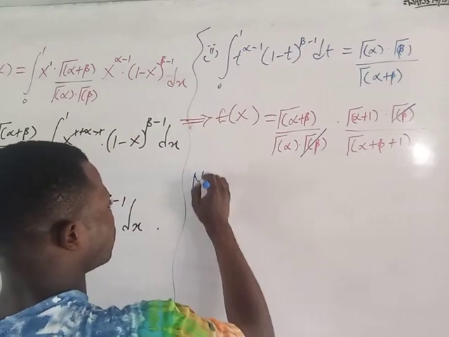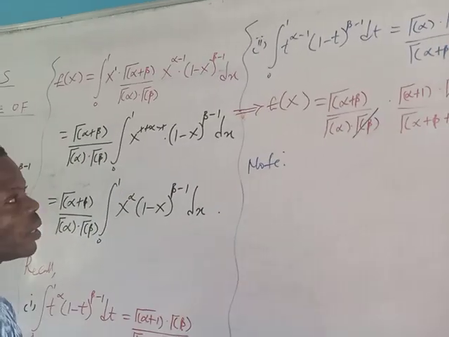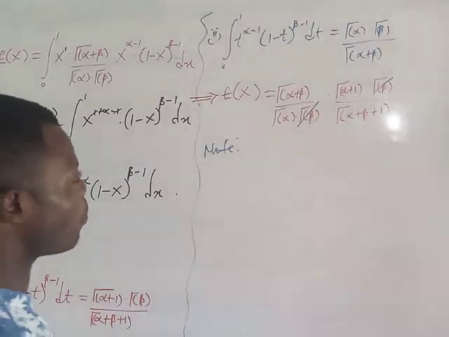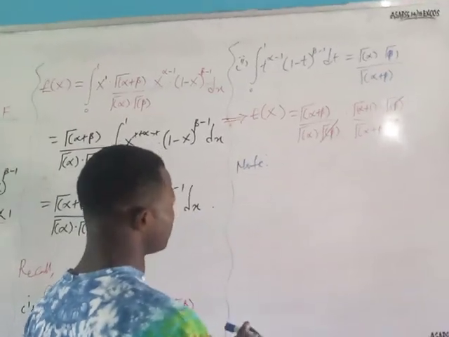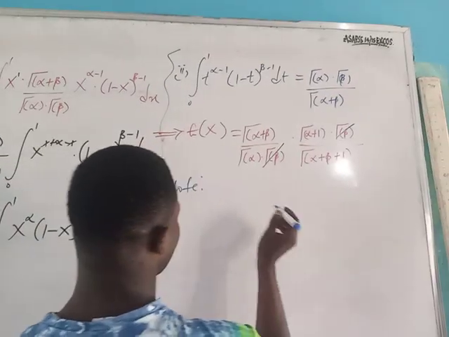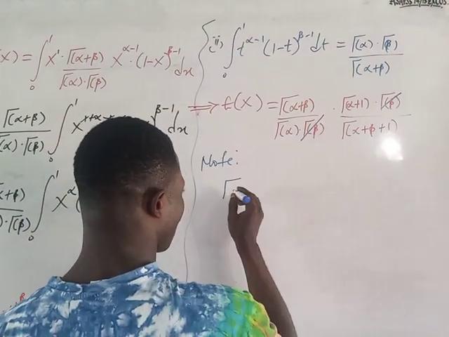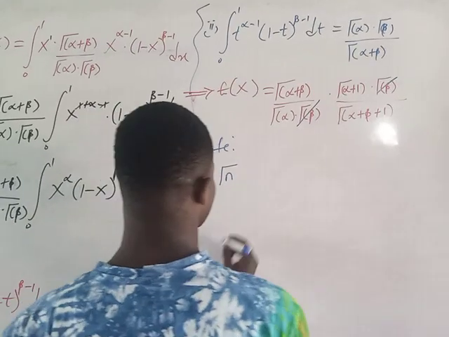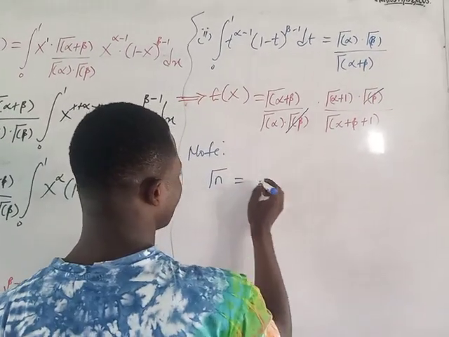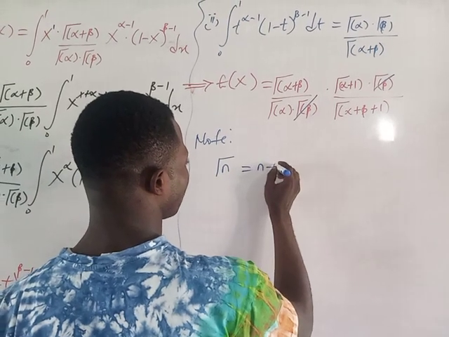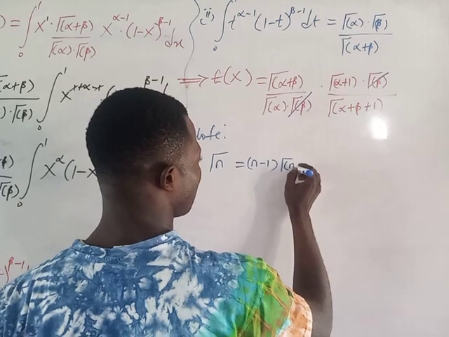And also note that one of the rules or properties of this gamma function is if you have gamma n, this is the same thing as n minus 1 times gamma n minus 1.